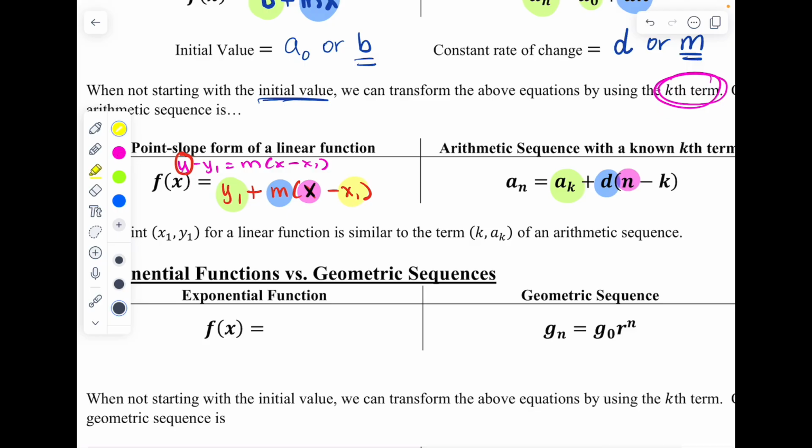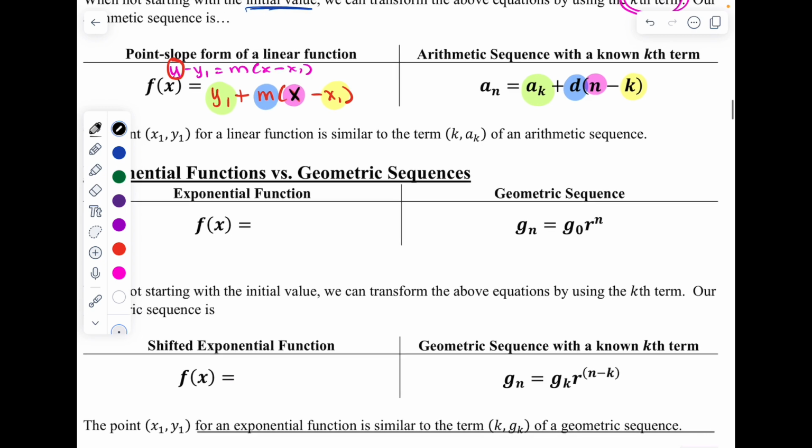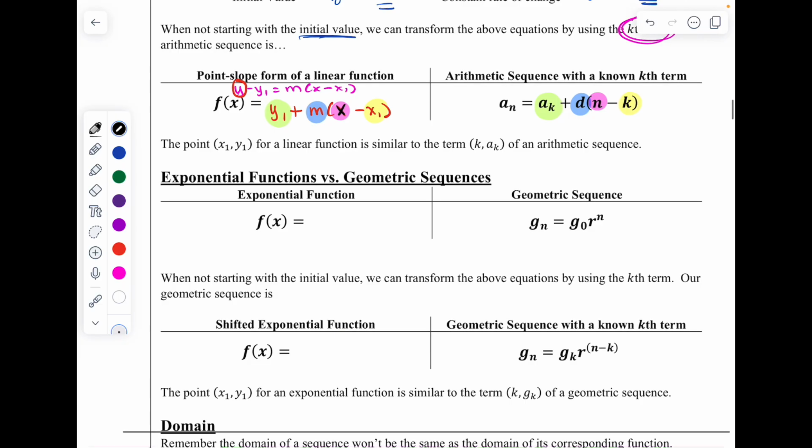And then x1 is how far from the initial value we started. So we can see that there is a huge correlation between arithmetic sequences and linear functions. For example, if you've got the point x1 and y1 for a linear function, it's similar to k comma the kth term of an arithmetic sequence.